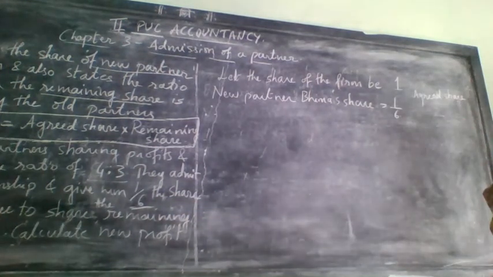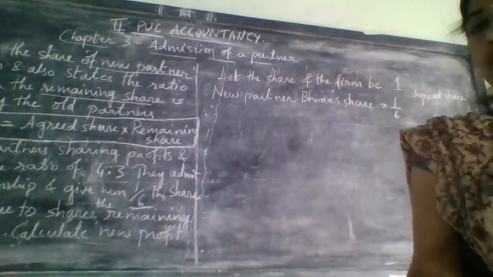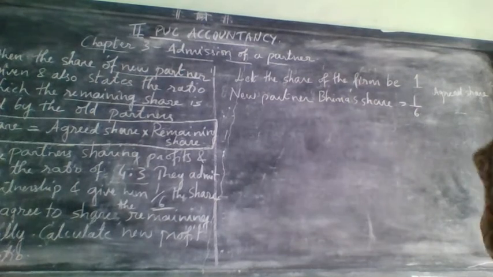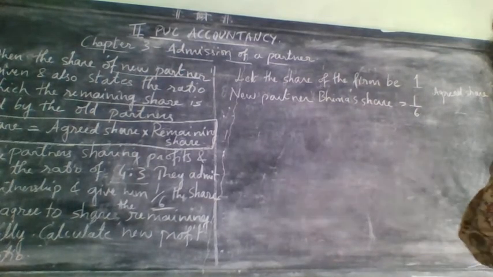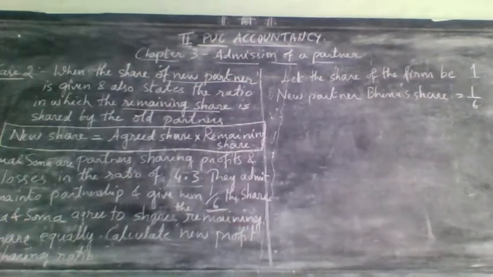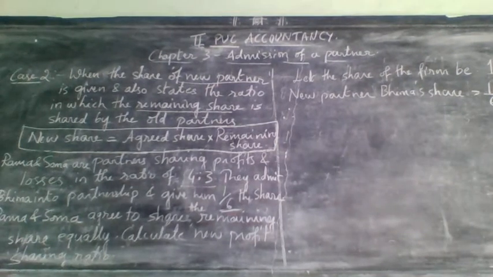What is the agreed share in the problem? Can anyone tell me the agreed share? In the previous problem, they gave you the ratio. But here, read once again whether any ratio is given for the agreed share. Is anything given for the agreed share? No. What did they give?